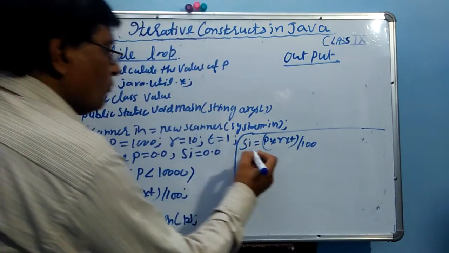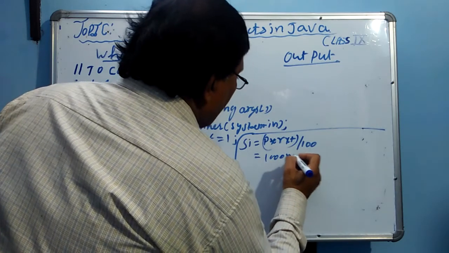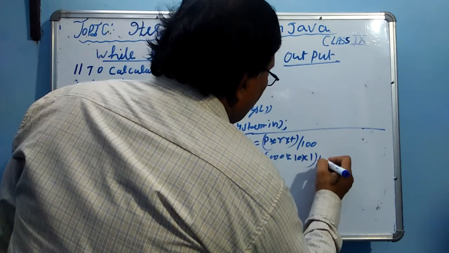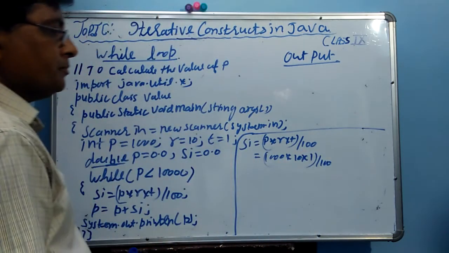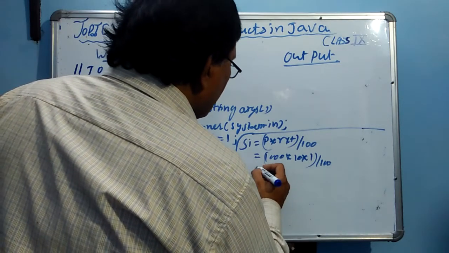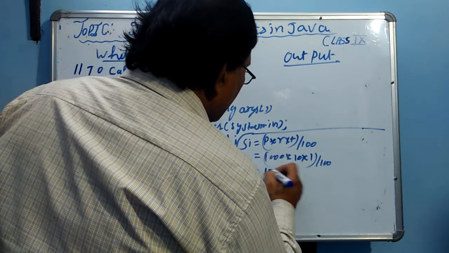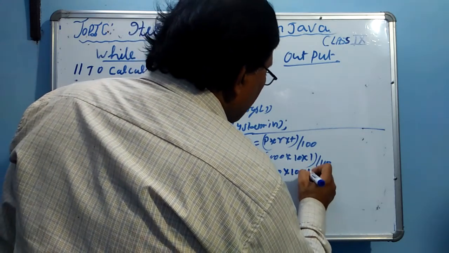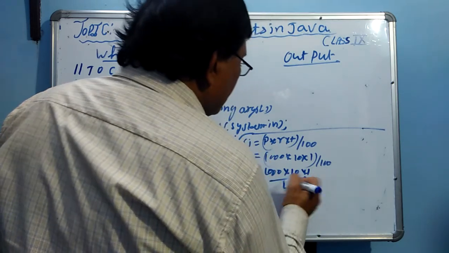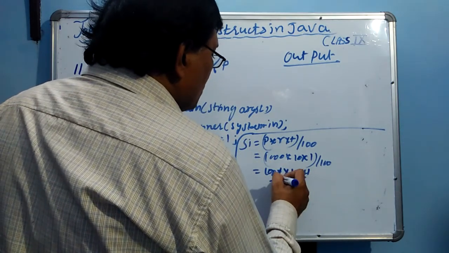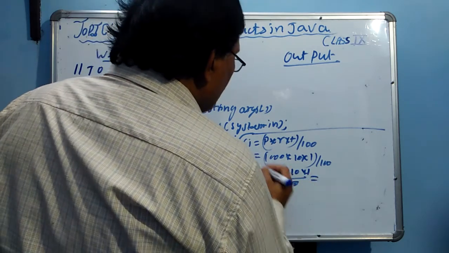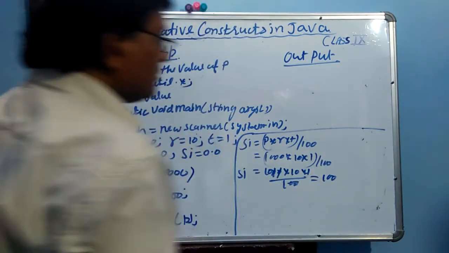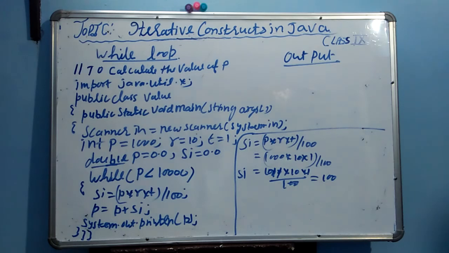The value of P is 1000, R is 10 and time is 1, divided by 100. So 1000 multiplied by 10 multiplied by 1 upon 100. Like this it will be calculated. Now the value of SI is how much? 100.